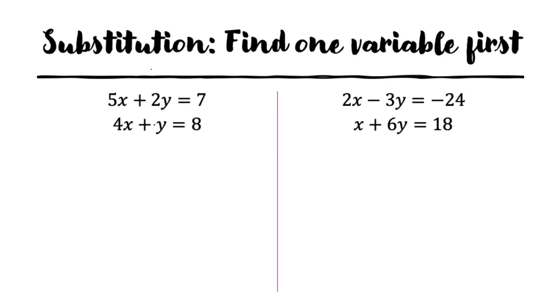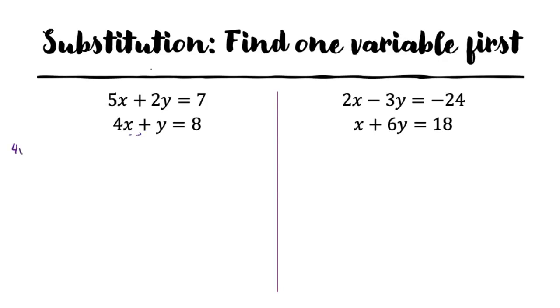Bingo. When we are trying to solve or isolate a variable, unless we're told specifically to find one or the other, we're going to use the one that has a coefficient of 1. I'm going to say that again. I want to use the variable that has a coefficient of 1. And here's why. If I was to take 4x plus y equals 8 and solve for y, I'm going to do so over here.